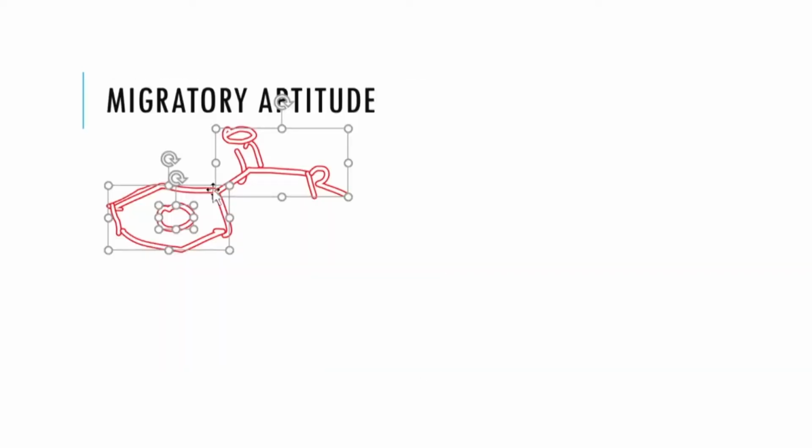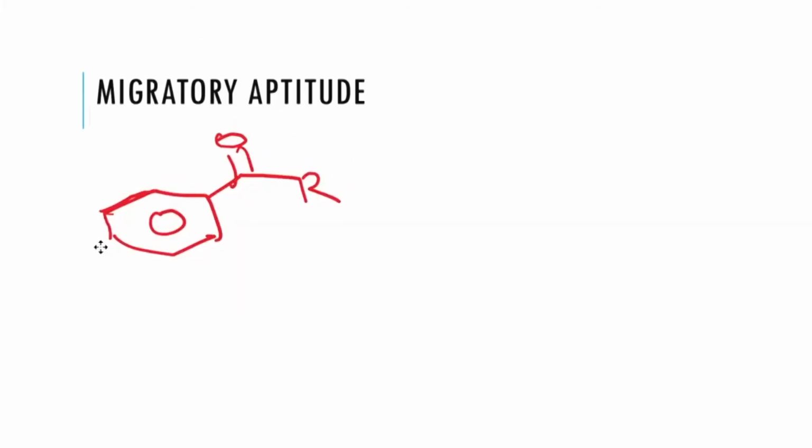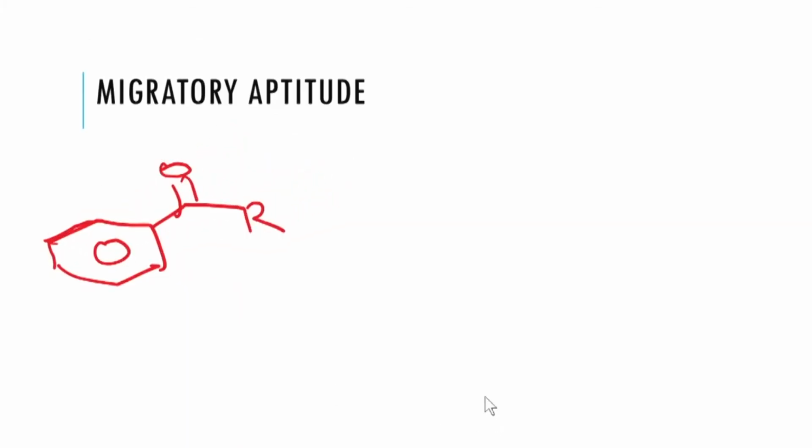But here, if you start with something like acetophenone, or ketones such as this, and do the Baeyer-Villiger oxidation, you can have a situation where either one of them migrates. That is, either the R group migrates or the phenyl ring migrates. Depending on which group migrates, you will have a different product formed.